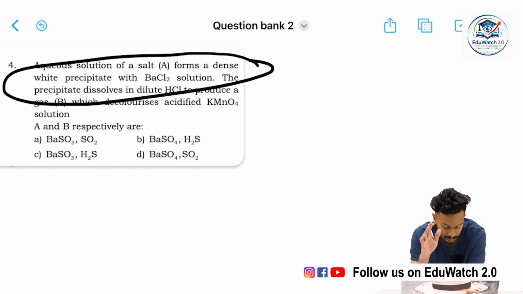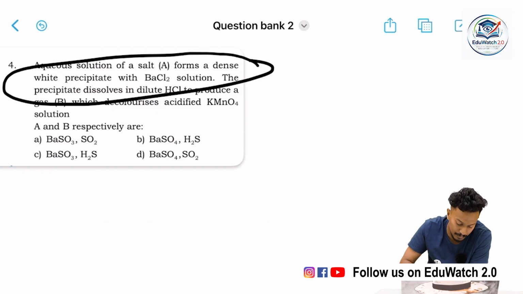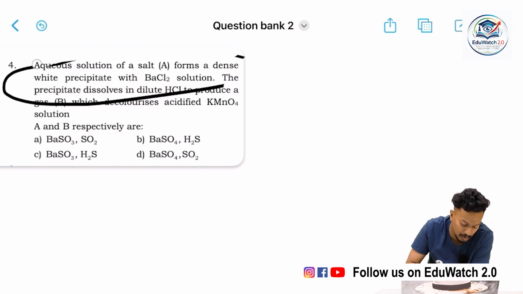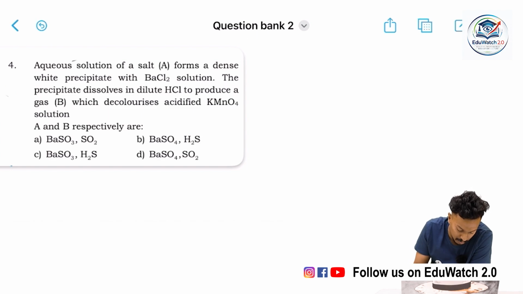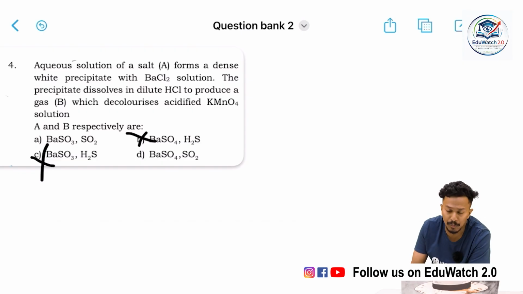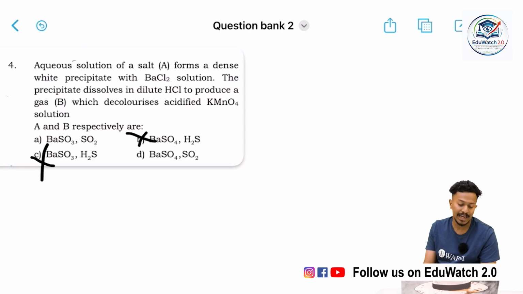So we could rule out the other two possible options. We are ruling out the possibilities of H2S, so options B and C are removed. So we will move on to our first part. An aqueous solution of a salt A forms a dense white precipitate with barium chloride solution.